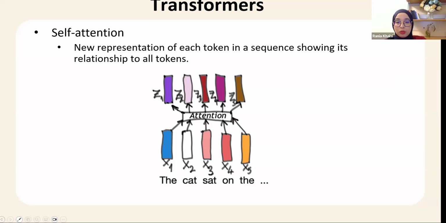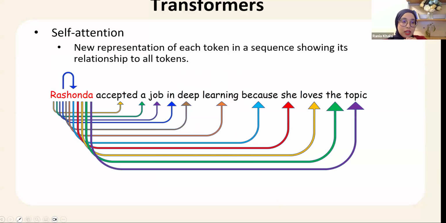For every word, we generate an updated vector that reflects how strongly it is connected to every other word in the sentence. The new representation of each token in a sequence shows its relationship and connection to all other tokens.